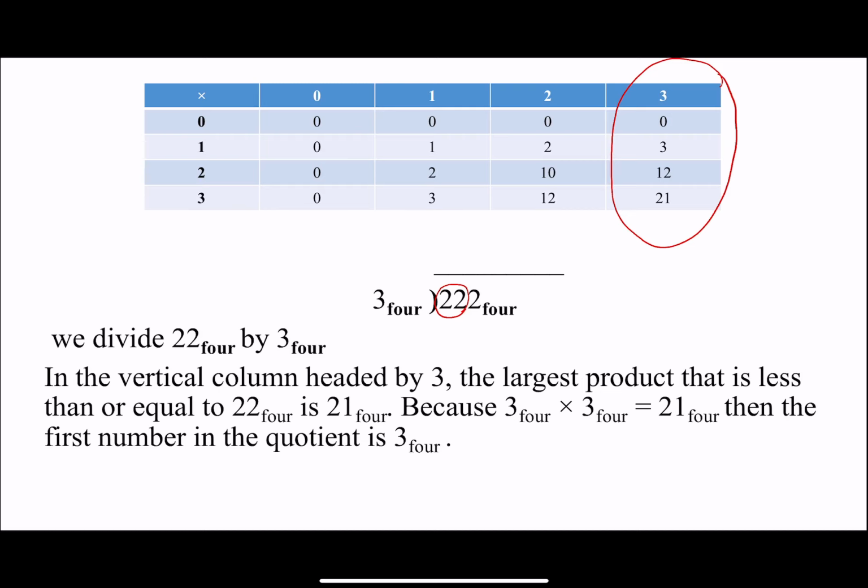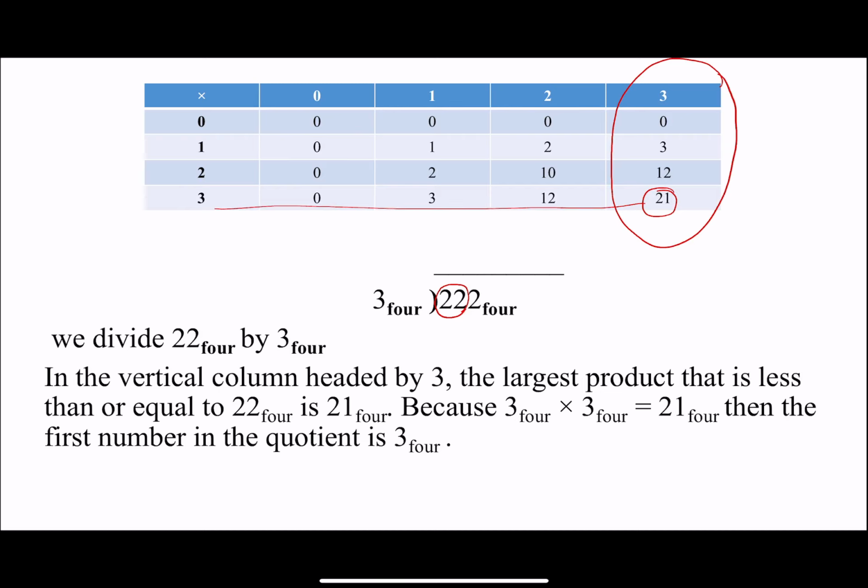Now 2 divided by 3. Just focus on the column of 3. What is the largest product in that column which is equal or less than 2? It is 2, right? So just see what number was multiplied by 3 to give you 2.